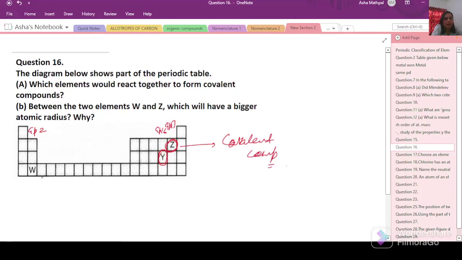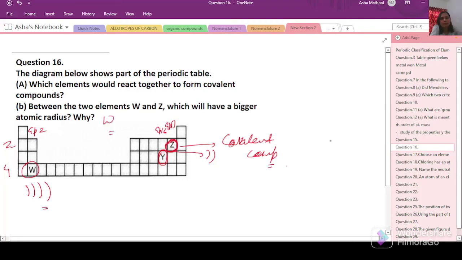And here, out of W and Z, which will have more atomic size? So Z has only 2 shells because it is in the second period here, and this is in the 4th period, so it will have 4 shells. So obviously the size of W will be more, right?